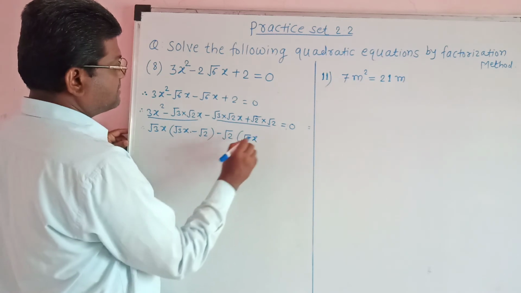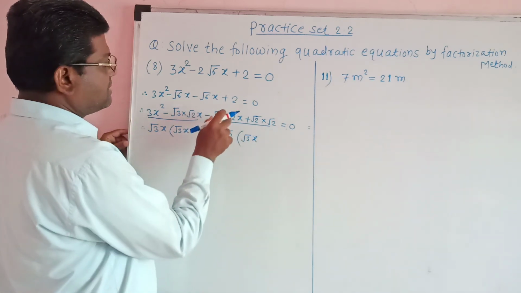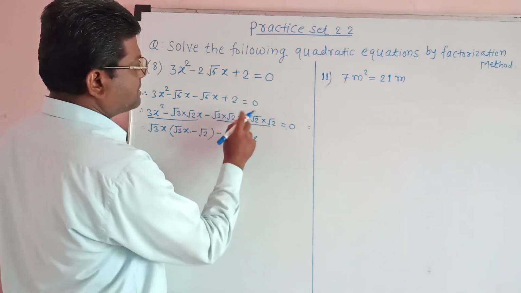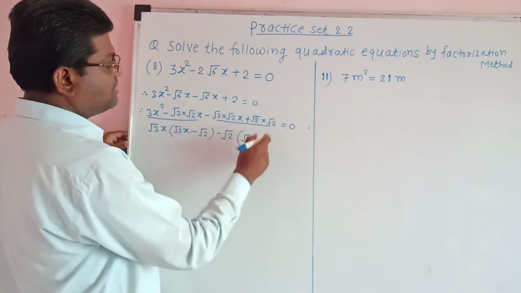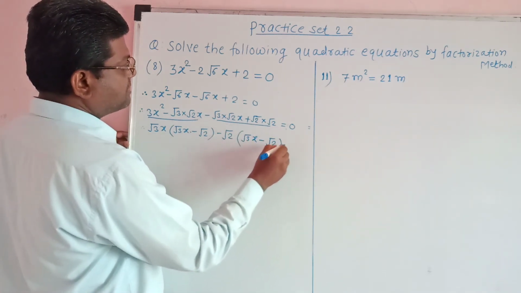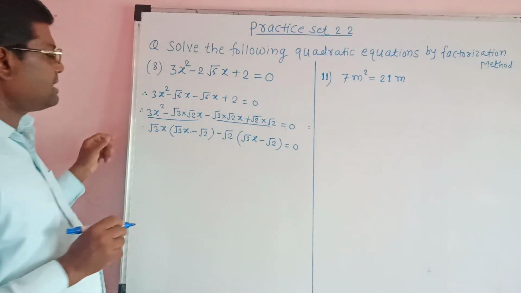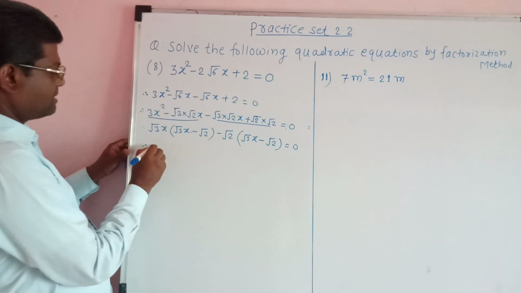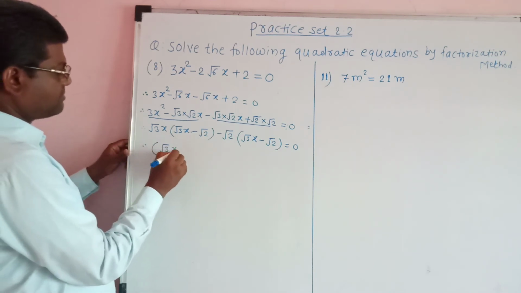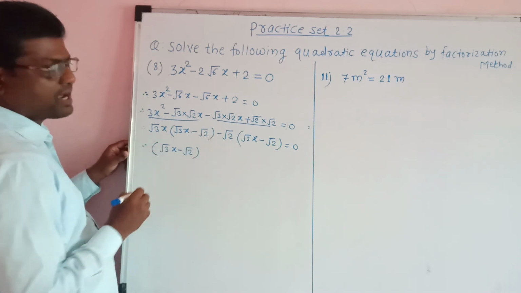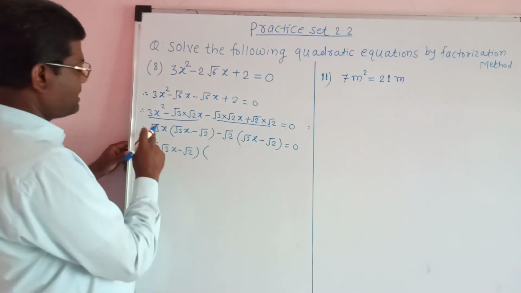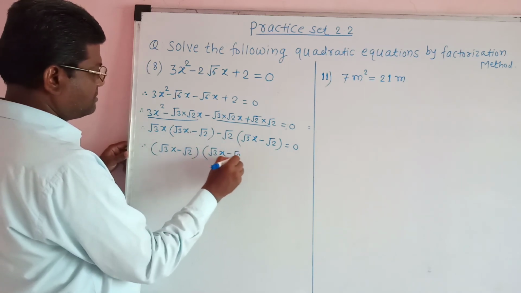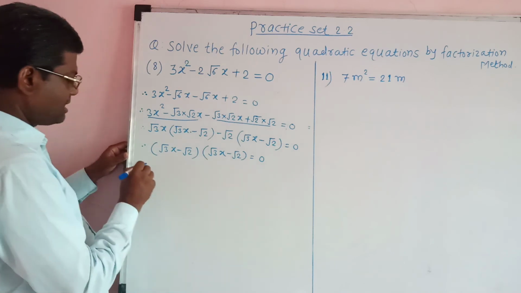We take the minus sign common, therefore this term will become positive and this term will become negative, and one root 2 will remain there, is equal to 0. Now let us see, these two brackets are common, therefore we take root 3x minus root 2, this bracket common, and another bracket root 3 into x minus root 2 is equal to 0.